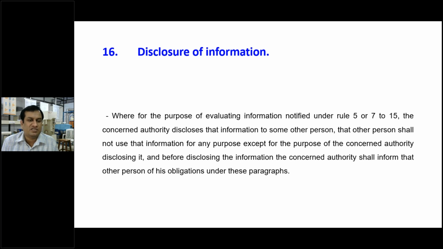That is rule number 16, where for the purpose of evaluating information notified under rules 5, 7 to 15, the concerned authority may disclose the information to some other persons.